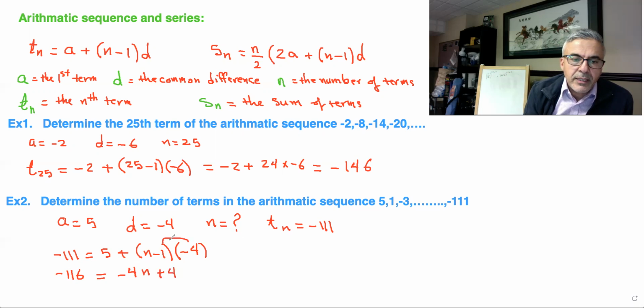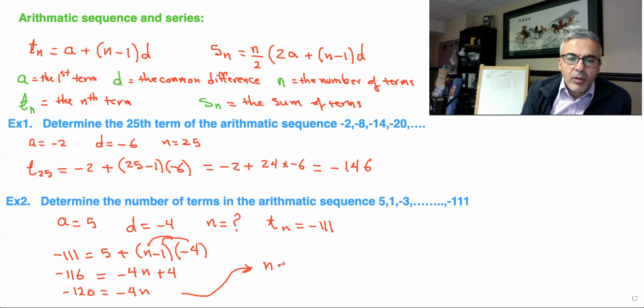So I just distributed this into both terms here. Move the 4 to the other side, you get negative 120 equals negative 4n. Divide both sides by negative 4, and then n will equal 30. So this negative 111 is the 30th term in this sequence.